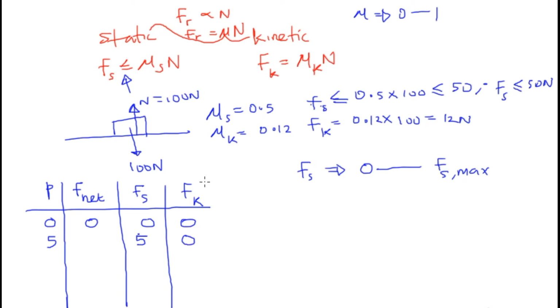So if you apply a force of 5 Newton, it will not move the object because it is not up to 50. It is not greater than or equal to 50, so it is not going to move.